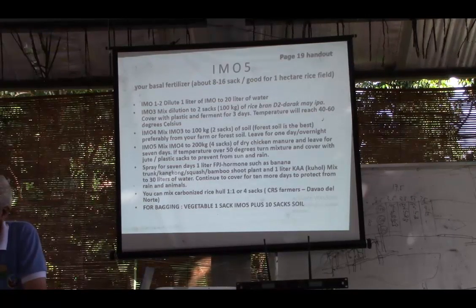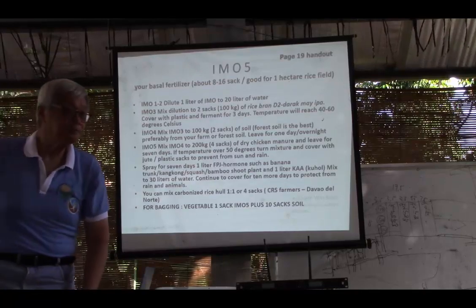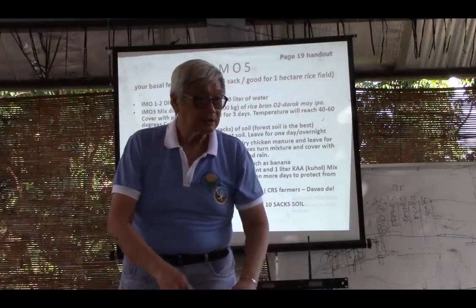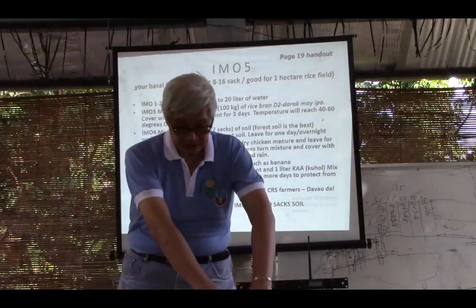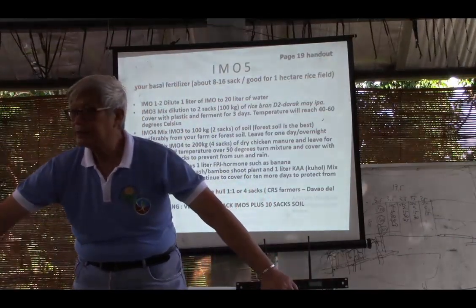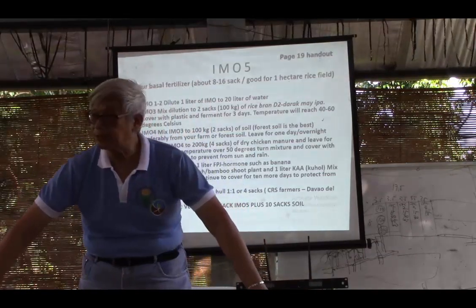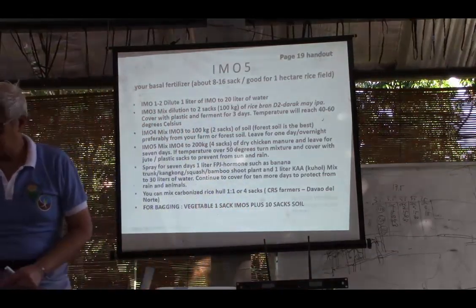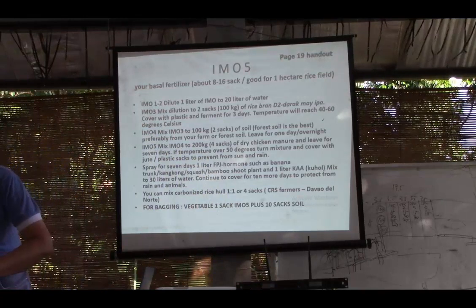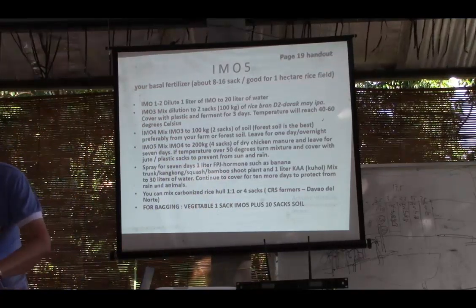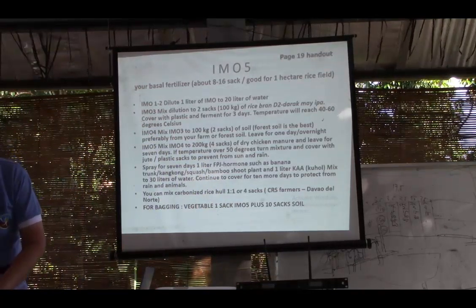Okay, now, what do you do? Look at me now. This is your IMO4. Beside the IMO 4, you put in the 4 sacks of manure. Then 2 people will mix the IMO 4 and manure, and 1 will pour in the water.